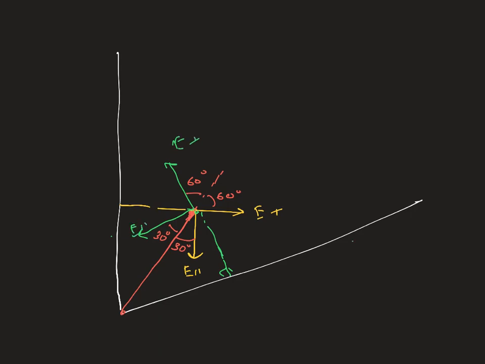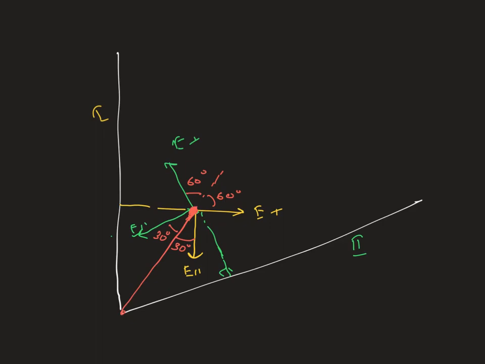All the green ones are due to the second wire and all the yellow ones are due to the first wire. Now finding the resultant becomes easy. You see, both the E perpendiculars are making an angle of 120 degrees, and both the E parallels are making an angle of 60 degrees.